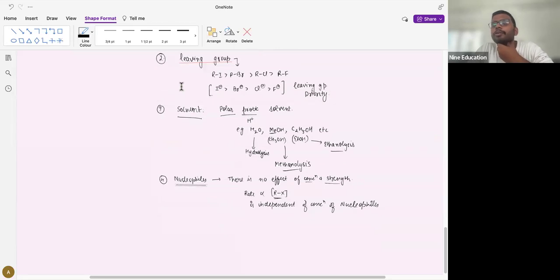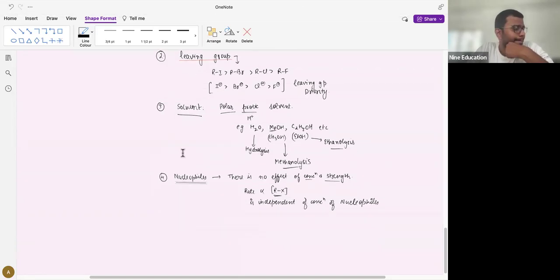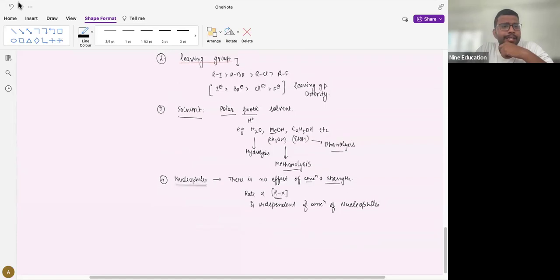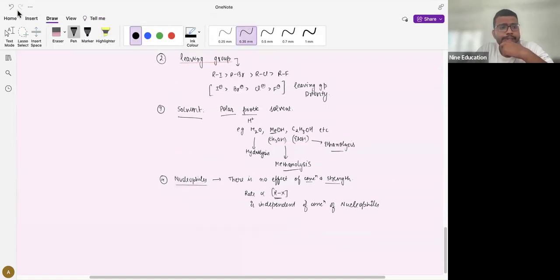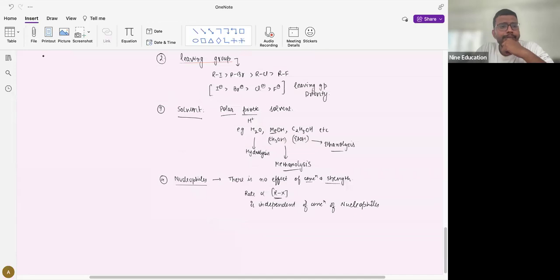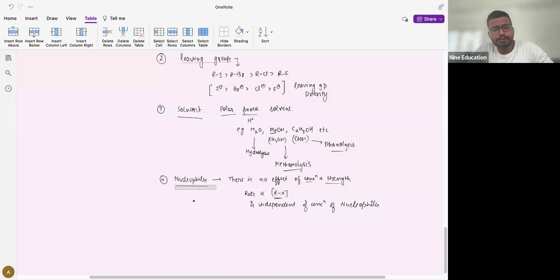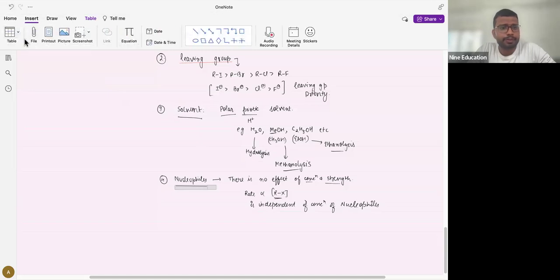There is no effect of nucleophile on the SN1 reaction. समझ रहे कि नहीं? समझ रहे हैं आप कि नहीं? अगर आप समझ रहे हैं, so write this in your notes, beta. Complete your notes.